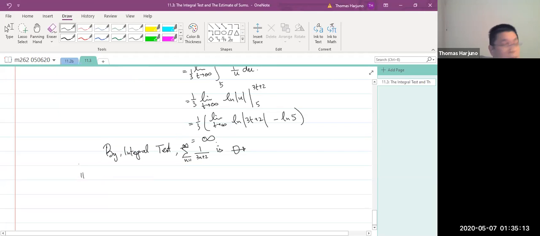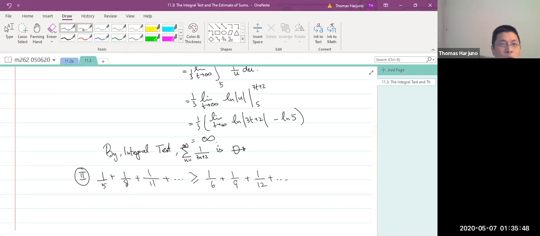There's another way to look at that. Notice that 1/5 plus 1/8 plus 1/11 and so on is greater than or equal to 1/6 plus 1/9 plus 1/12 and on.